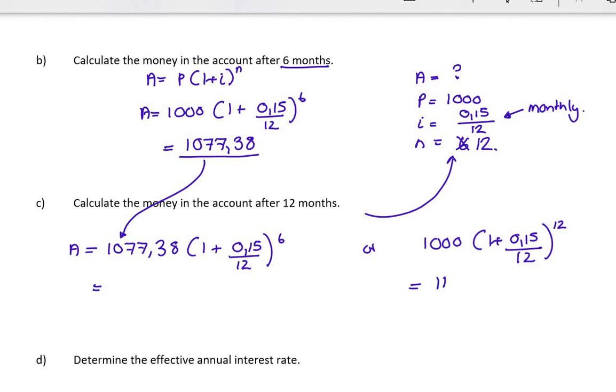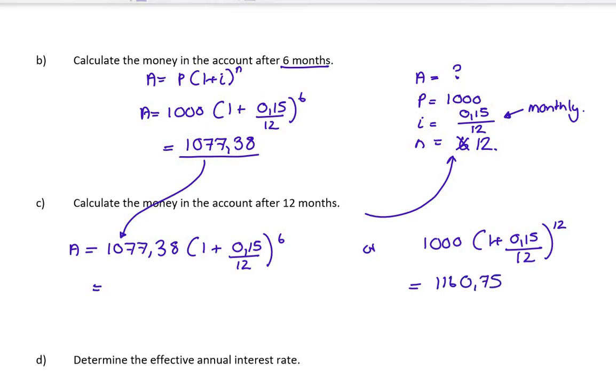I got 1160.75. Now I know I did something incorrectly because I did the other calculation and it was 1160, and so I can't possibly be that far off. And actually in the other calculation I happen to get exactly the same rounding. So sometimes there'll be a cent or two difference because this 1,077 Rand was rounded, but I would mark both correct, so it doesn't matter.